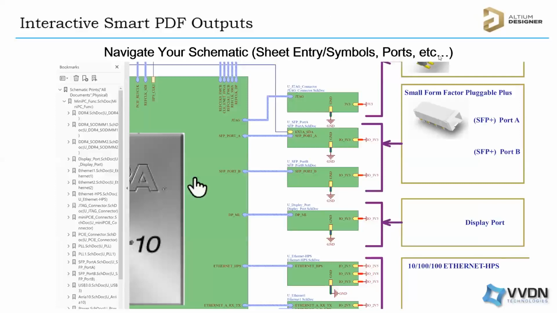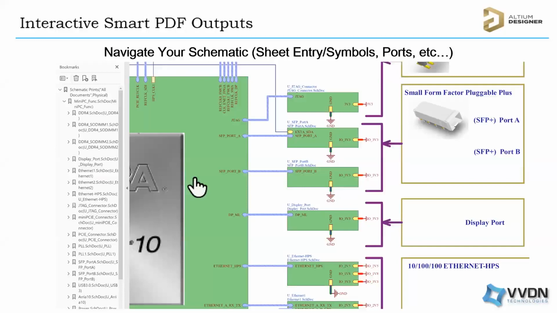In Altium Designer 20, we can use Smart PDF also. This is the interactive Smart PDF option we have. We can export our schematic, PCB and full project as a PDF for outputs. Through this output, we can easily see each and every schematic sheet and the PCB design also. 3D PDF is also supported, so we can see the 3D view of our PCB.